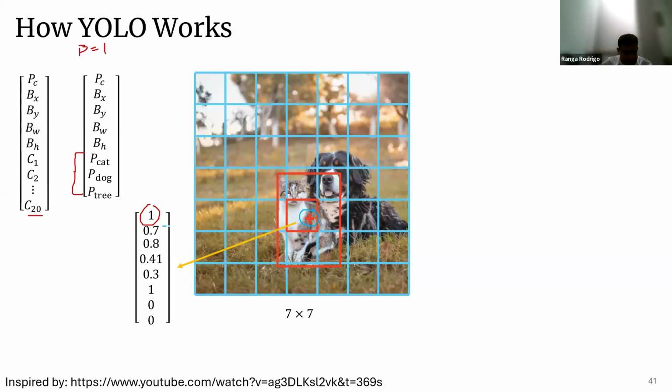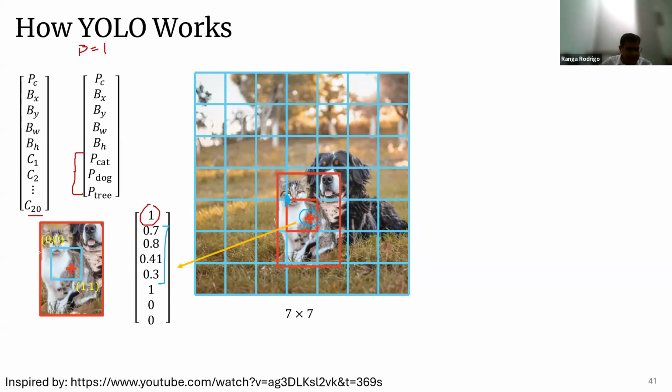And then how do you get these numbers, x and y and the width and the height? X and Y are relative to this corner, and width and height are relative to the image. So here is 0, 0 and here is 1, 1. I thought that this cross lies about 0.7 in the vertically downward direction and about 0.8 horizontally rightward. So that's why it is 0.7 and 0.8.